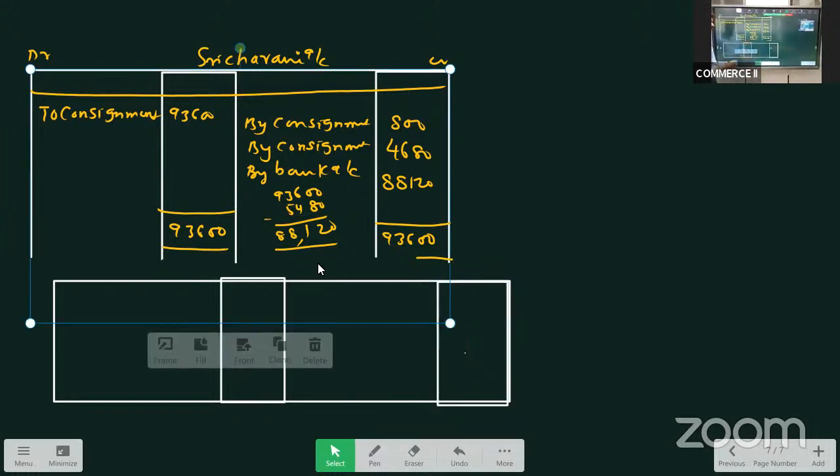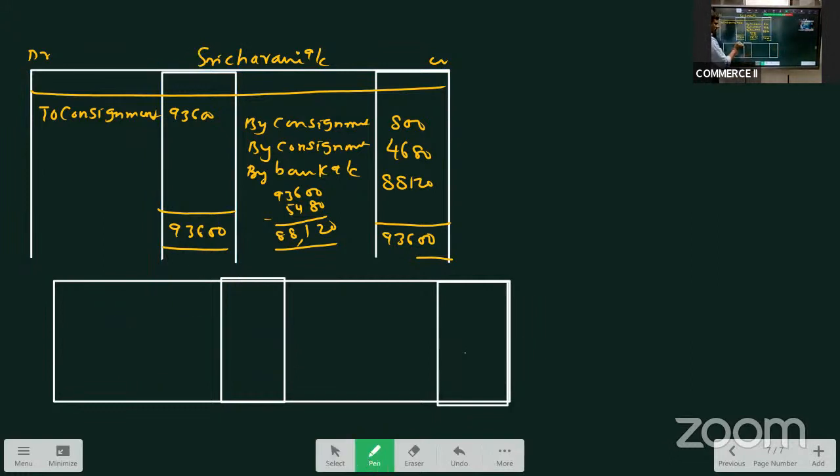Done. So I am preparing goods sent on consignment account.